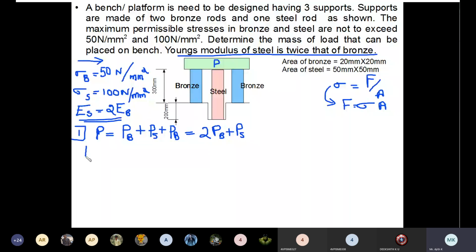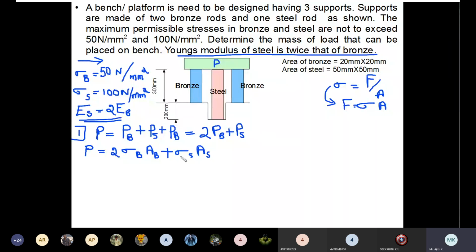Substitute F is equal to sigma into area in this equation. So this equation will become P is equal to 2 times sigma B into area of bronze, plus sigma S into area of steel.